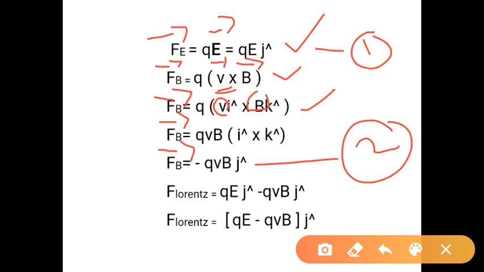Therefore, the total force, Lorentz force, will be vector F equal to QE j cap, electric force, plus magnetic force. What is magnetic force? Minus QvB j cap. Taking j cap outside, we can write Lorentz force vector F equal to (QE minus QvB) j cap. That is, the total force will be along y direction.